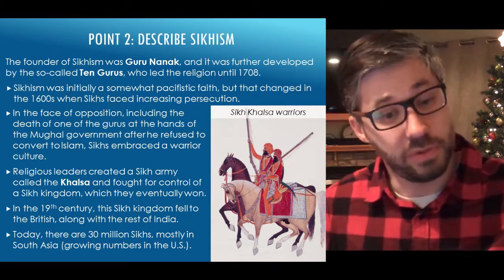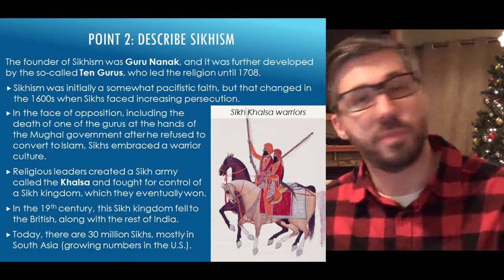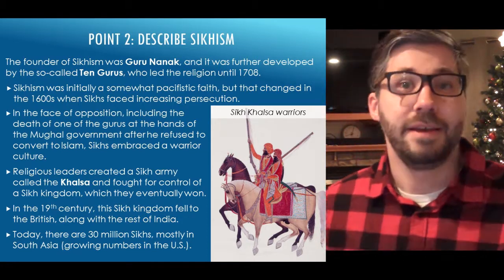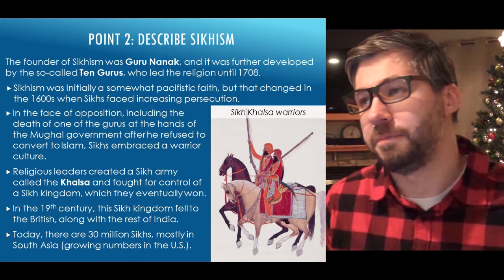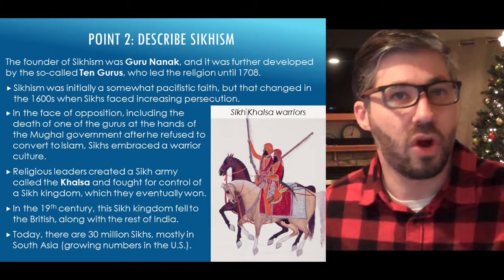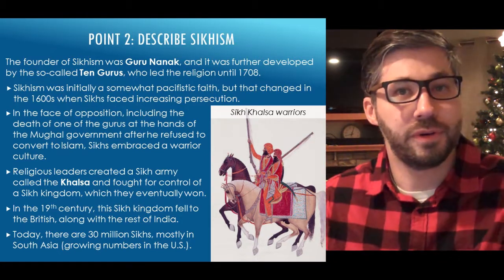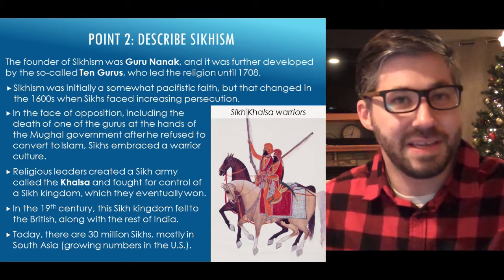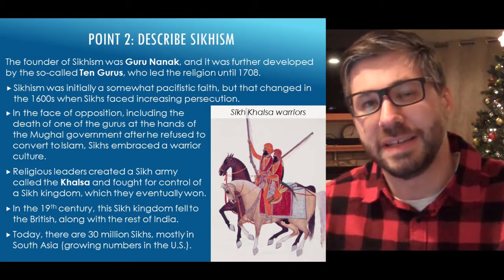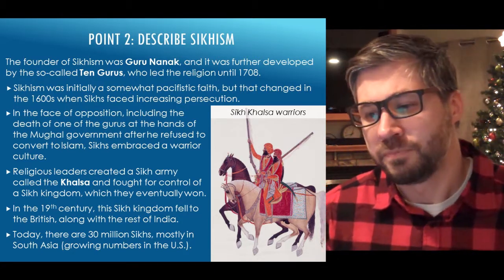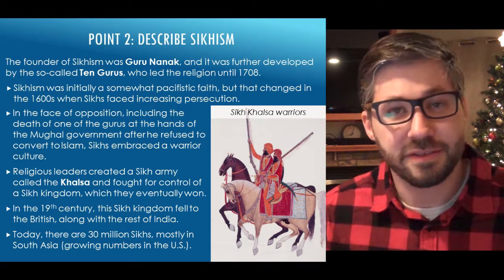You know, oh, you guys don't like these Muslim rulers? Well, we can help you. Why don't you help us instead? And so the Sikhs joined the British Army. There were Sikhs fighting for Great Britain in World War I, and all that sort of thing. Today, there are 30 million Sikhs.